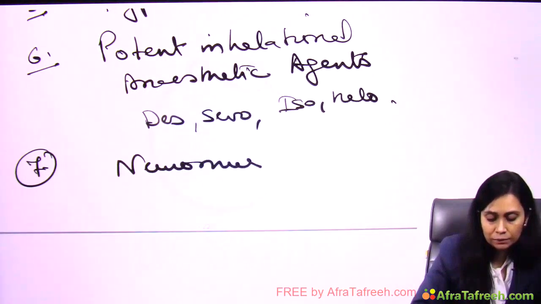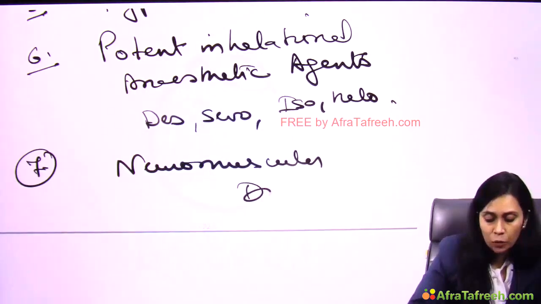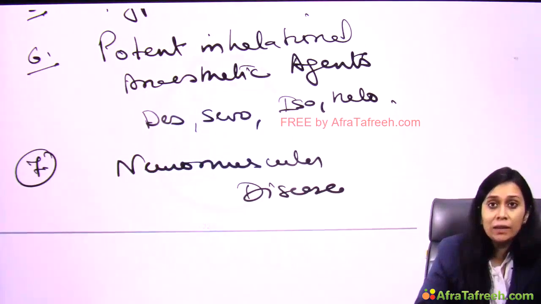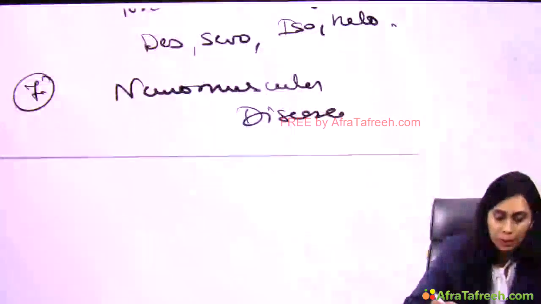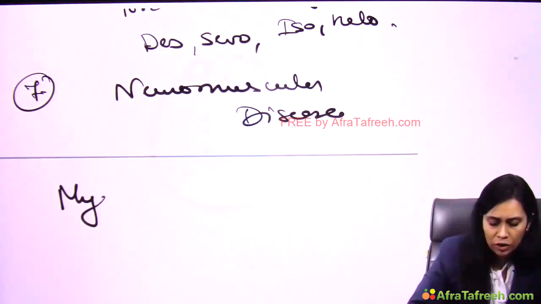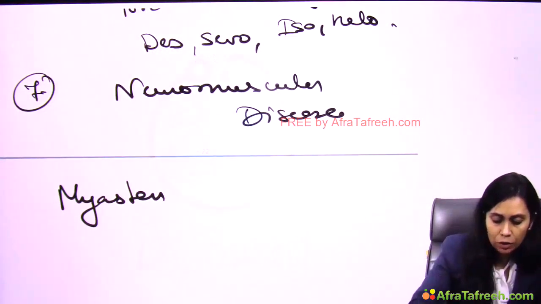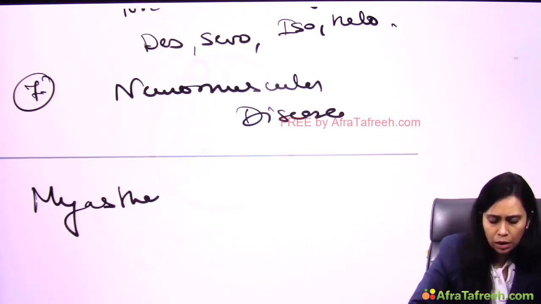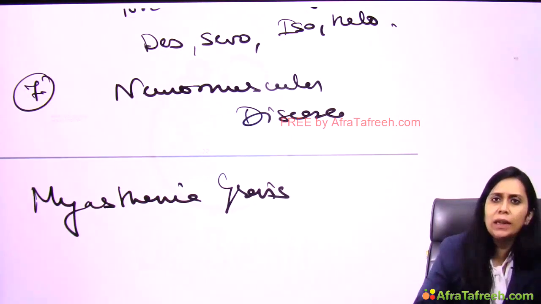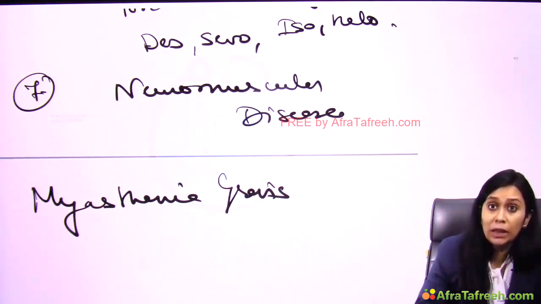In neuromuscular diseases, I want to talk about myasthenia gravis, because they ask questions on it. What happens in myasthenia gravis? There is an autoantibody against the nicotinic cholinergic receptor.